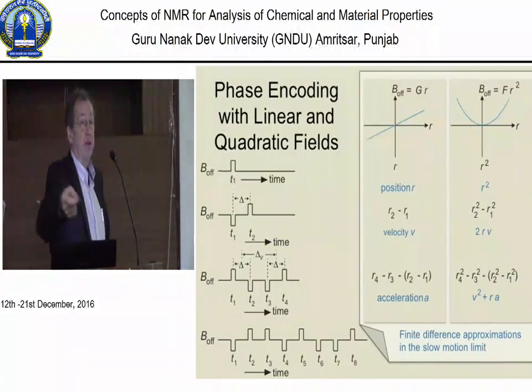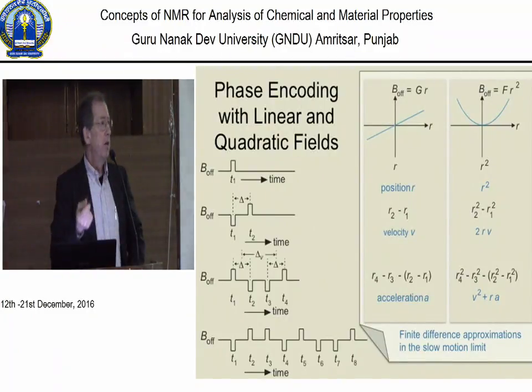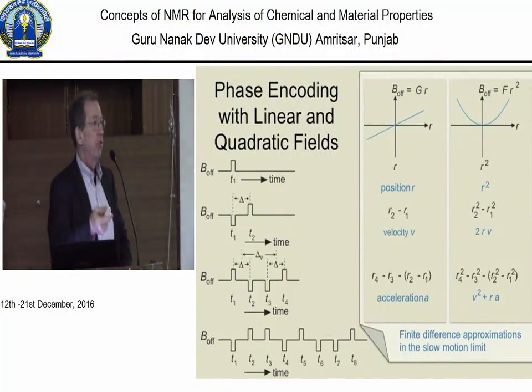Velocity change is acceleration. And it turns out that actually this scheme, has anybody of you studied numerical differentiation? How to program differential equations on a computer? It's exactly the same scheme.